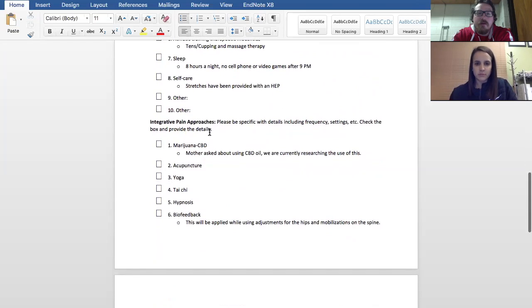And then integrative approaches. His mom actually asked about CBD oil. Nice. Because she uses it. And there is a CBD shop here in Lafayette. Nice. It's something that I'm currently talking to my supervisor about just because I don't know the rules and laws behind it. It's never something that's actually come up before. It's not legal there. Is medicinal legal there?